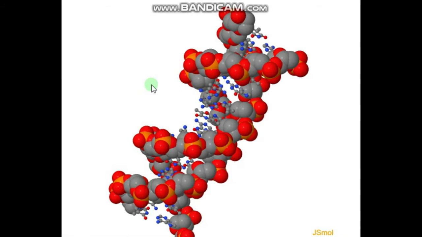The distance between two phosphate groups across the minor groove, from there to there, is actually similar to the distance between adjacent phosphate groups in the chain. If it was unfolded, they obviously would be nowhere near one another. So we are increasing the repulsion between the negative charges by folding up into the double helix.